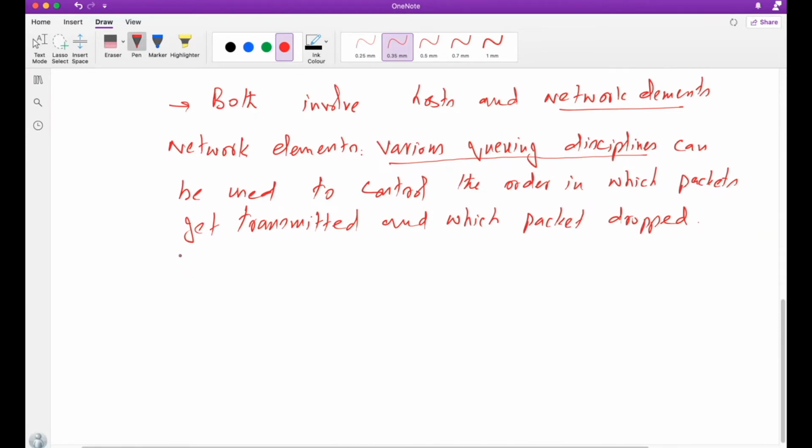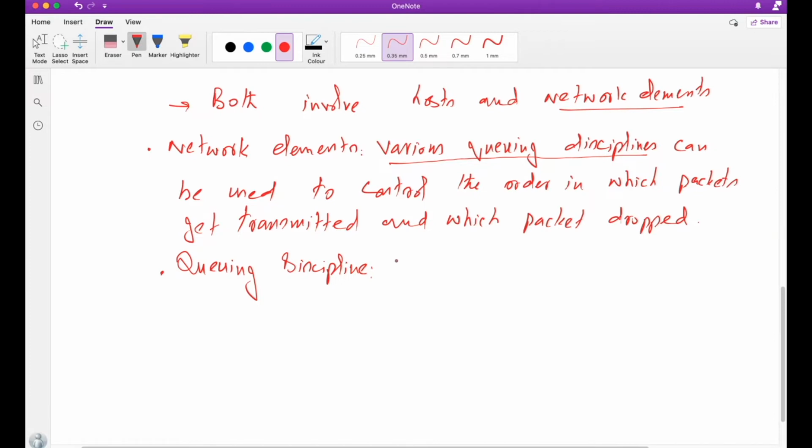So when I say queuing discipline, this means a queuing discipline basically segregates the traffic, right? It segregates the traffic to keep one user's packet from unduly affecting another user's packet.